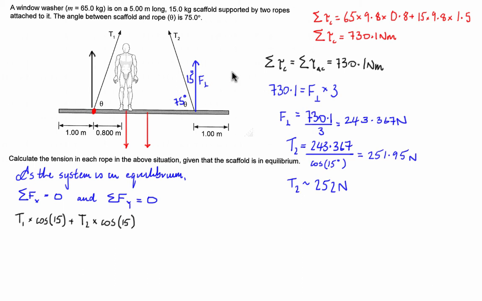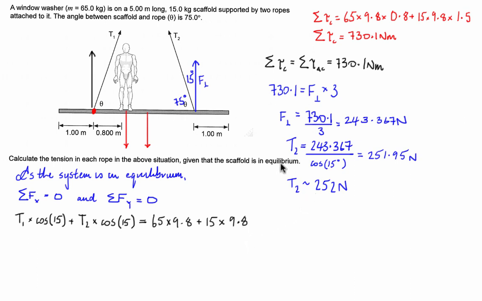So we've got that one there and that one there. They have to be equal to the force provided by the mass of the window washer, which is going to be 65 kilograms times 9.8, plus 15 kilogram scaffold, also times 9.8.